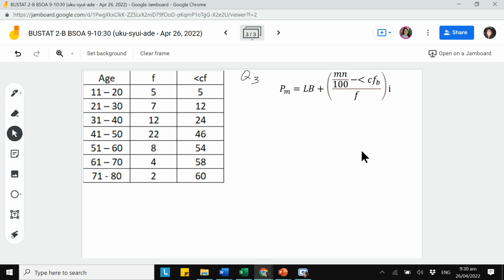Okay, so it's around the 45 mark. Let's check na lang. So let's do that.